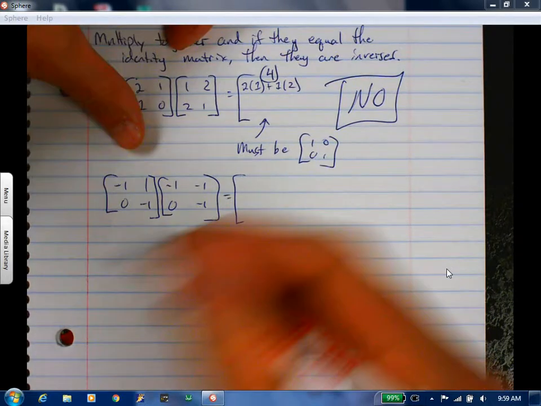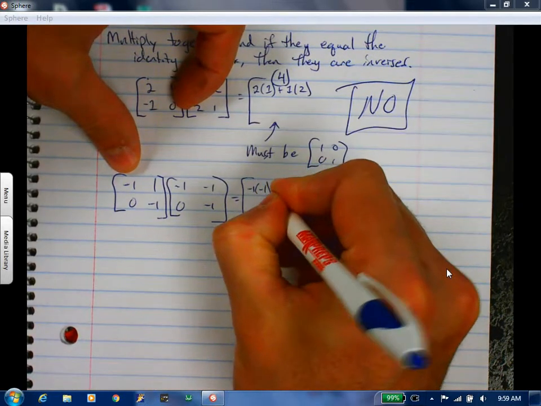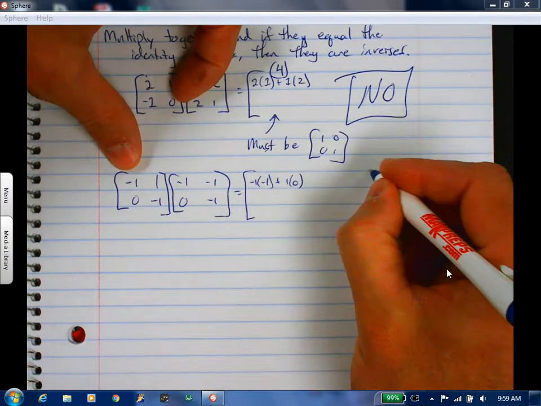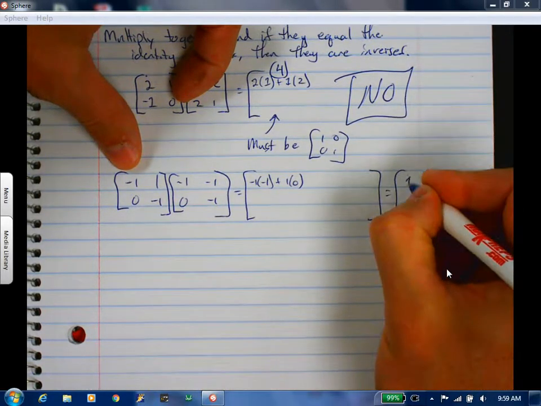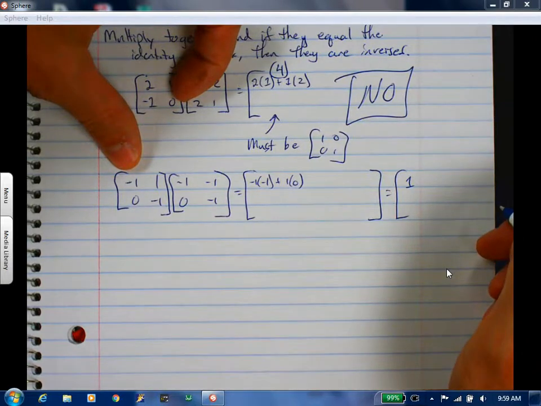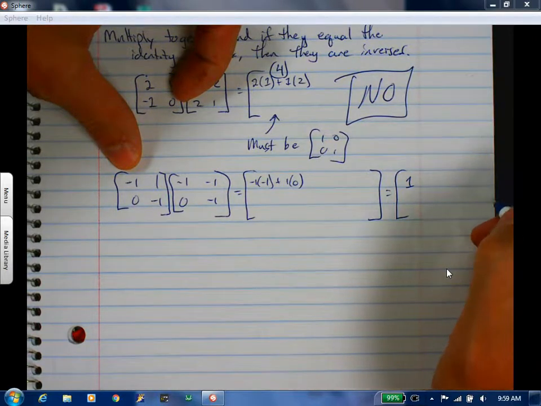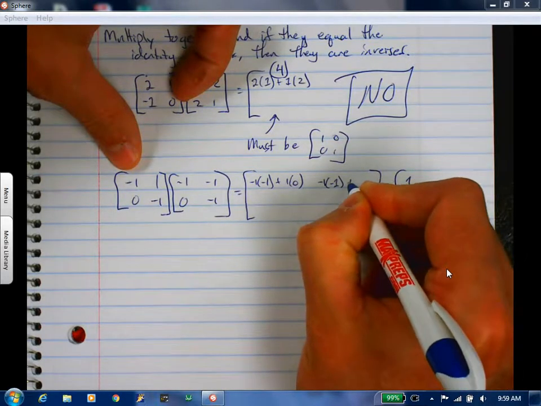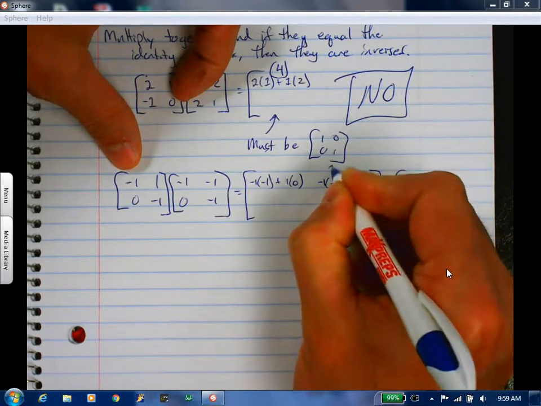I get negative 1 times negative 1 plus 1 times 0. So that's going to be 1. Negative 1 times negative 1 plus 1 times negative 1. So that's 1 plus negative 1. So that's 0.